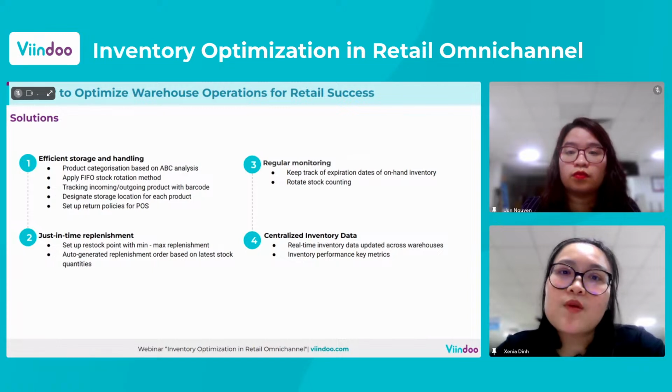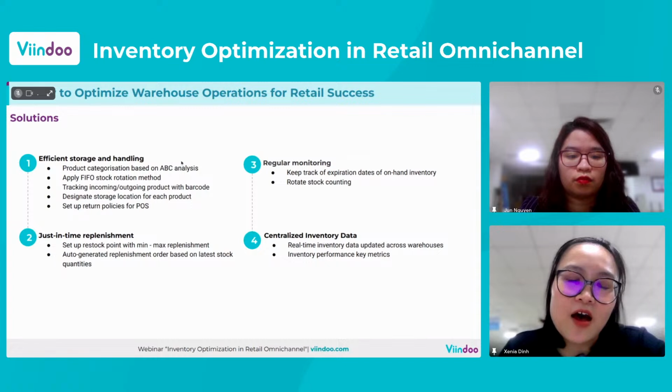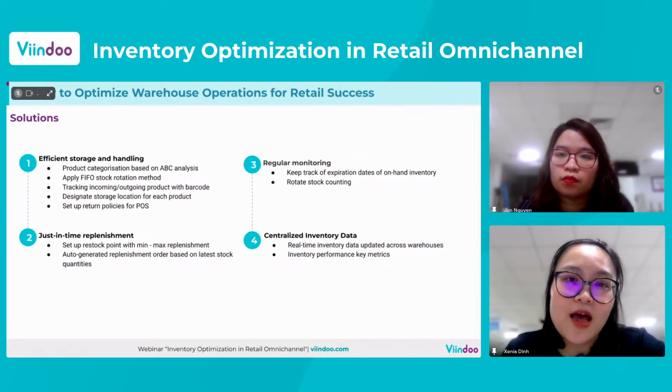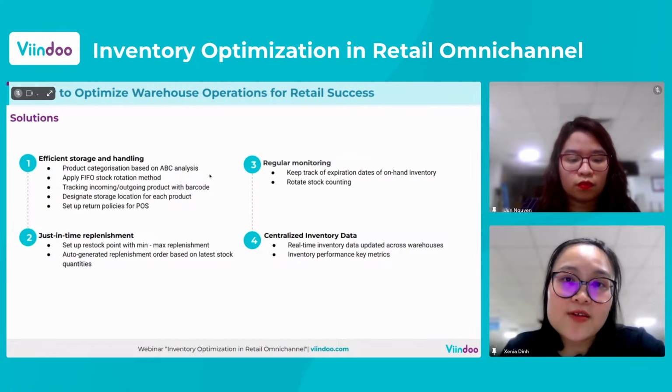Okay. So here are the 4 solutions that we want to focus on with KT Trading. The first one is having an efficient storage and handling process. These are the 5 solutions that we are applying. We would have the product categorization based on the ABC analysis. We also would apply FIFO, which is the first in, first out method for stock rotation.